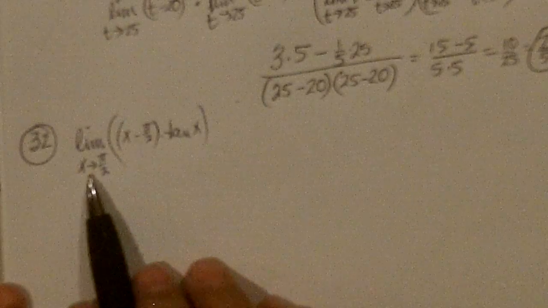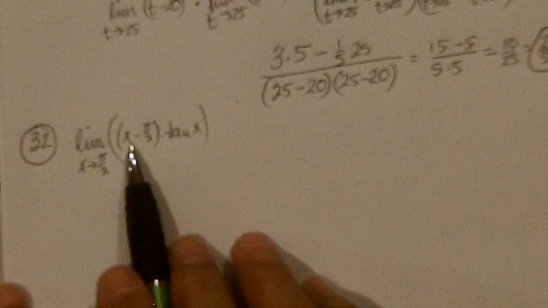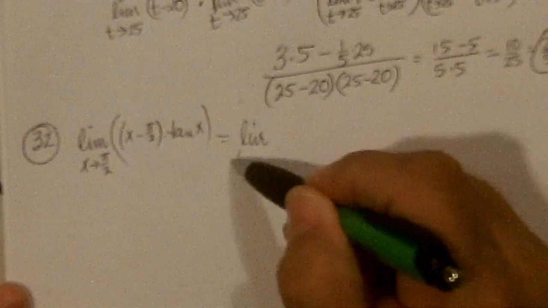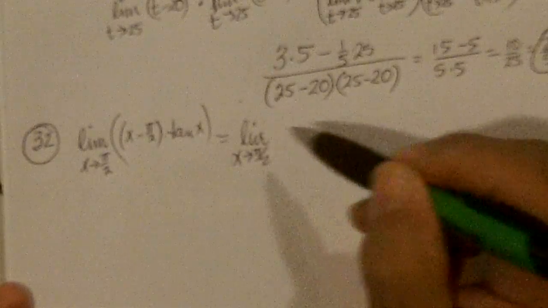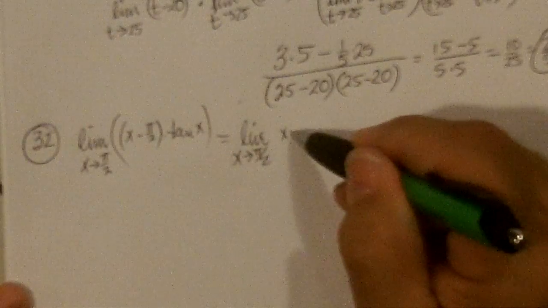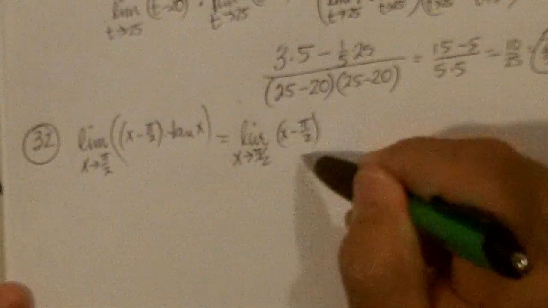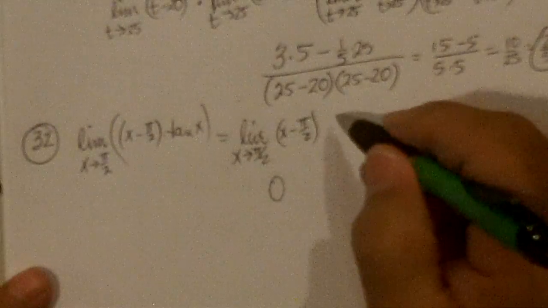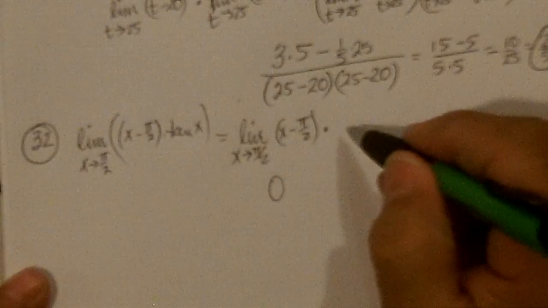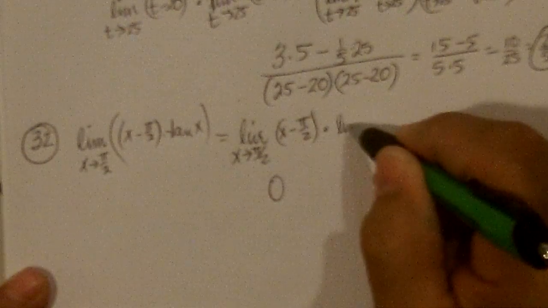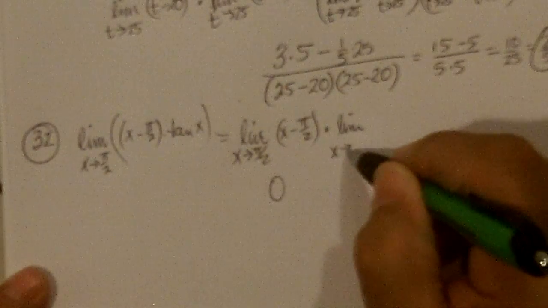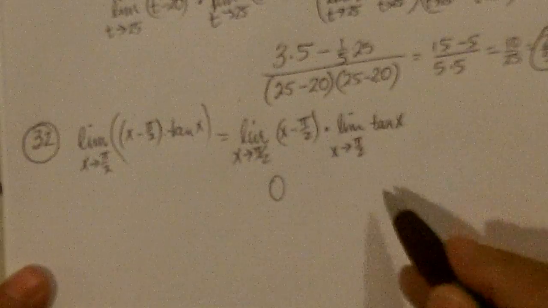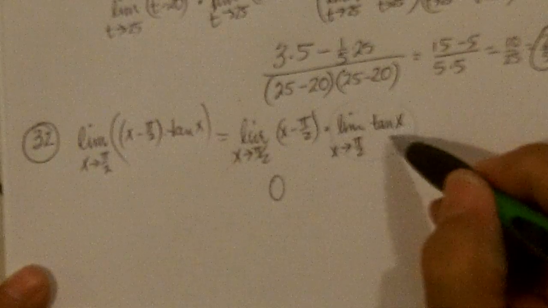But this one, if I put in pi over 2, if I broke this up into the limit as x approaches pi over 2 of this part, x minus pi over 2, well, that part is 0 as we put pi over 2 in there. So we think, okay, this is going to be 0. But this other part, the limit as x approaches pi over 2 of the tangent of x, well, this goes to infinity.